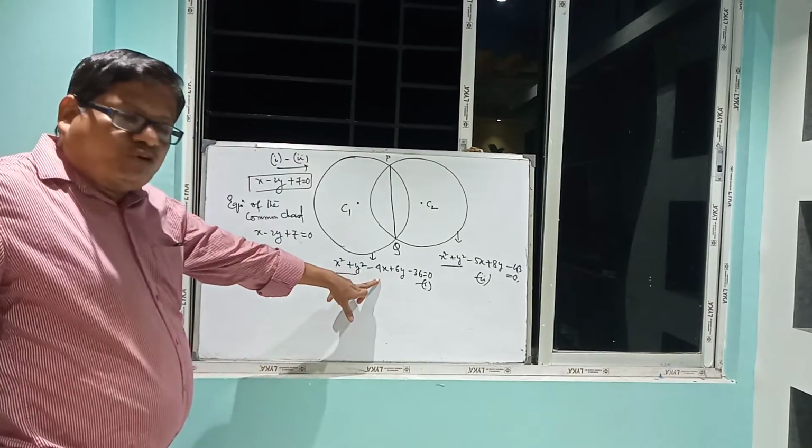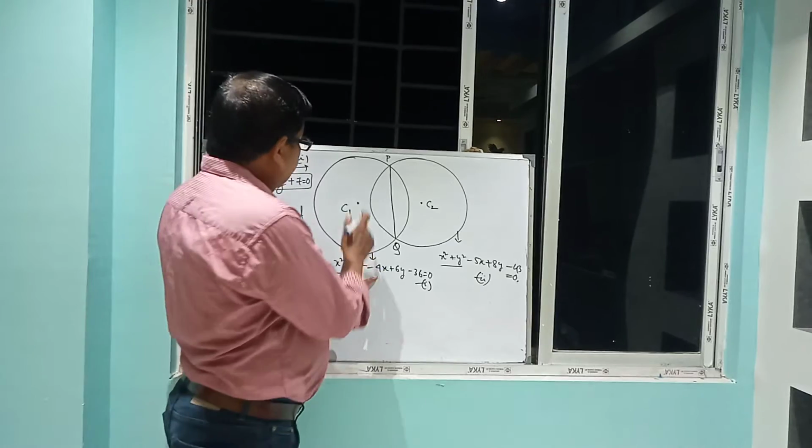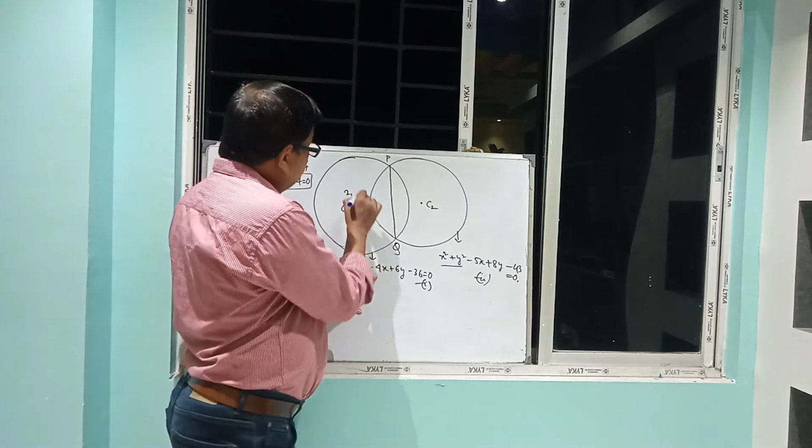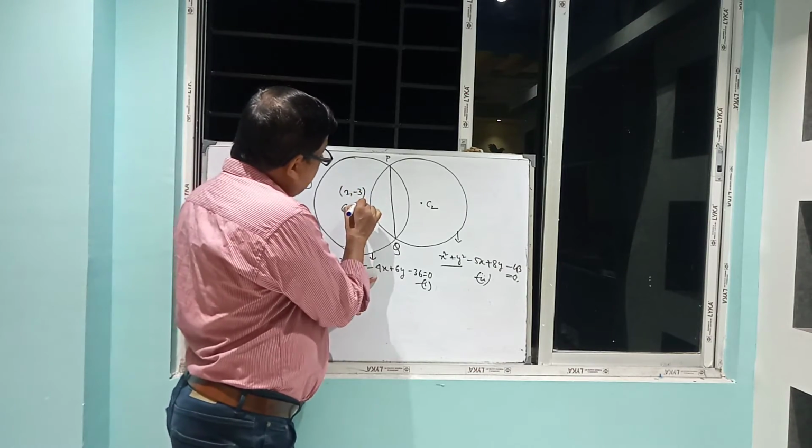This equation's center, all of you know, no? The center will be (2, -3). From here find out the distance d.